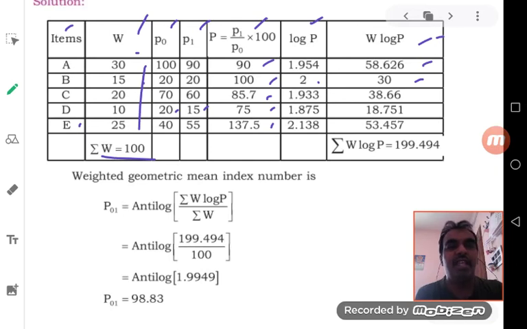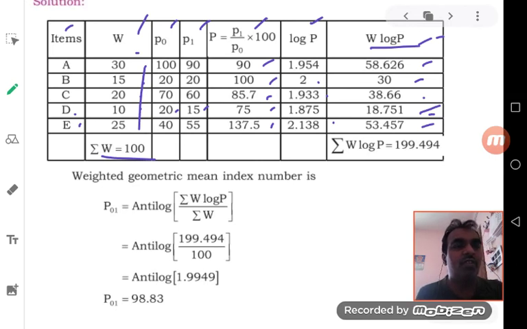Then commodity C, 20 into 1.933, that is 38.66. Commodity D, weight 10 into 1.875, that is 18.751. And the last commodity, 25 into 2.138, that should be 53.457. Clear?